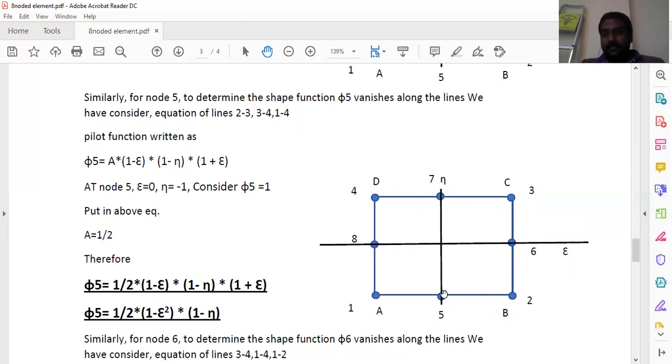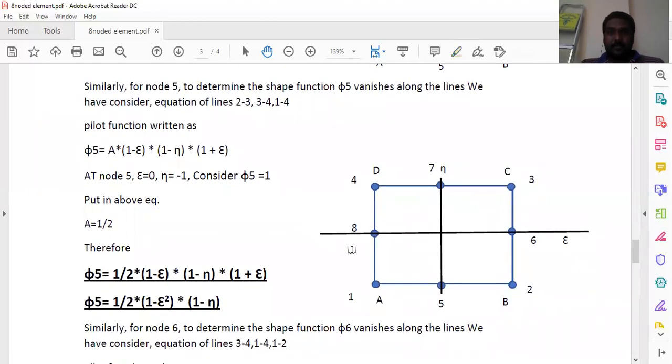So when we are calculating the shape function for phi 5, we can consider lines 2-3, 3-4, 4-1. Line 2-3 is 1 plus zeta, 3-4 is 1 minus zeta, and here it is 1 minus zeta.